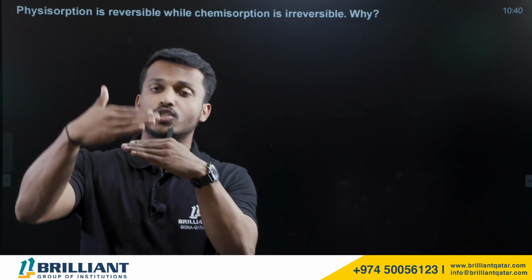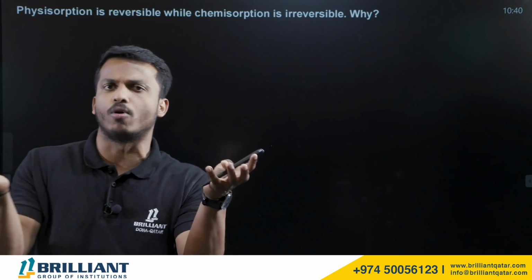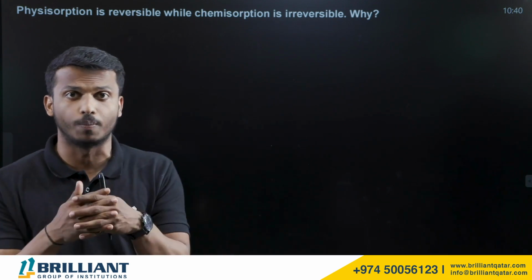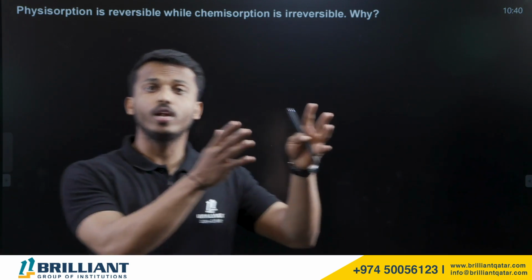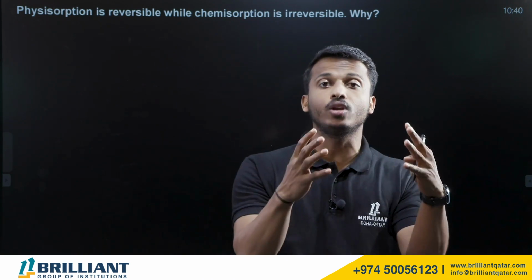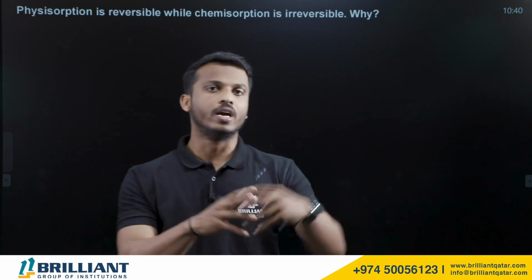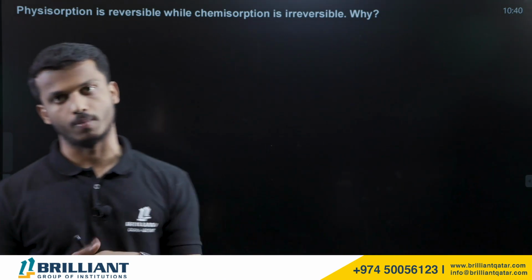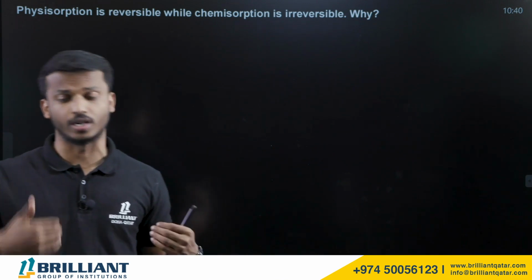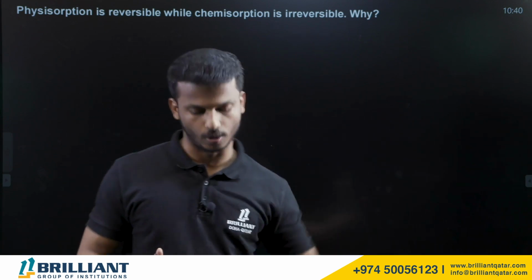So when adsorbate and adsorbent make a very weak bond, they release a lesser amount of energy, around 20 to 40 kilojoule per mole in physisorption. What about chemisorption? In chemisorption, they are making a much stronger bond, and around 80 to 240 kilojoule per mole is released. So heat of adsorption is lesser in physisorption, and more in chemisorption.